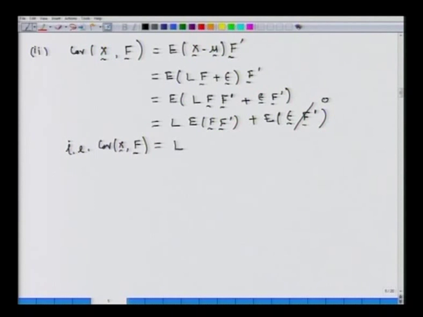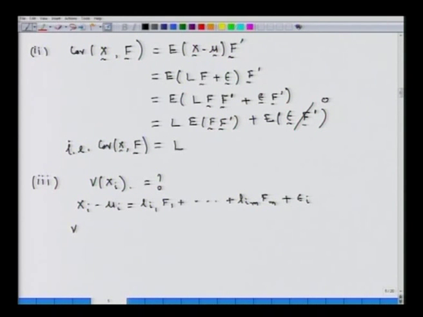Now, the third point that we can make note of is: what is the variance of xi? Before we write the expression for the variance of xi, we may recall that xi minus mu i was equal to Li1 into f1, plus and so on, plus Lim times the mth factor fm, plus epsilon i.